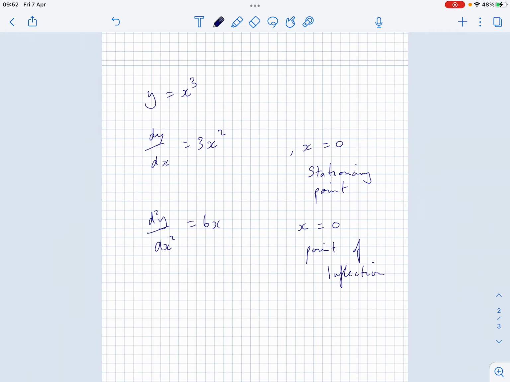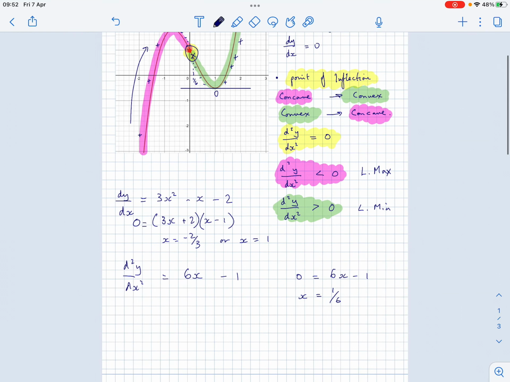That doesn't happen for x squared, because when you do the second derivative you get 2, which means that if it's always 2, the whole graph is convex and you get a local minimum.